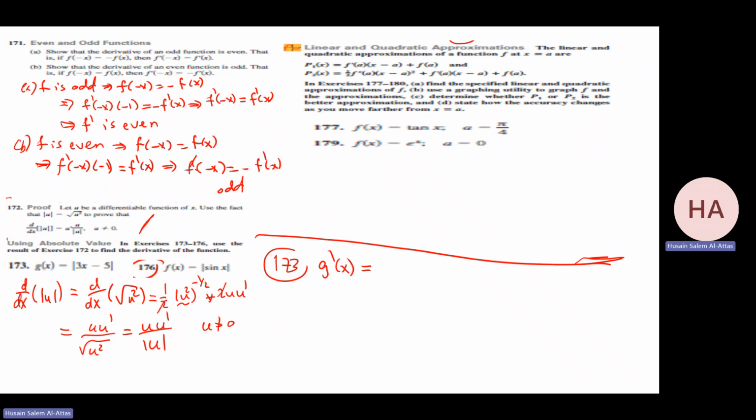This is u, which is 3x minus 5, over absolute value of u. And the derivative of u is 3. So that will be the derivative in 173, where x not equal to 5 over 3.